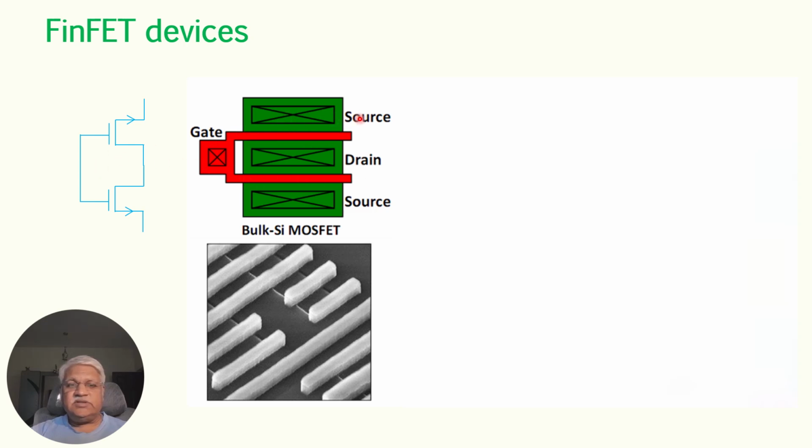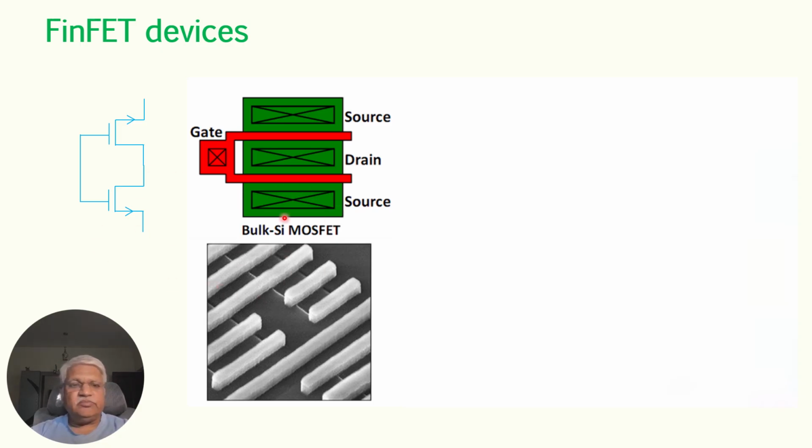This is the source, and here also is the source, with the drain in between. Assume these are the gates in the scanning electron microscope image. Then this belongs to the source, this belongs to the drain, this belongs to the source. This is all in the planar transistor.